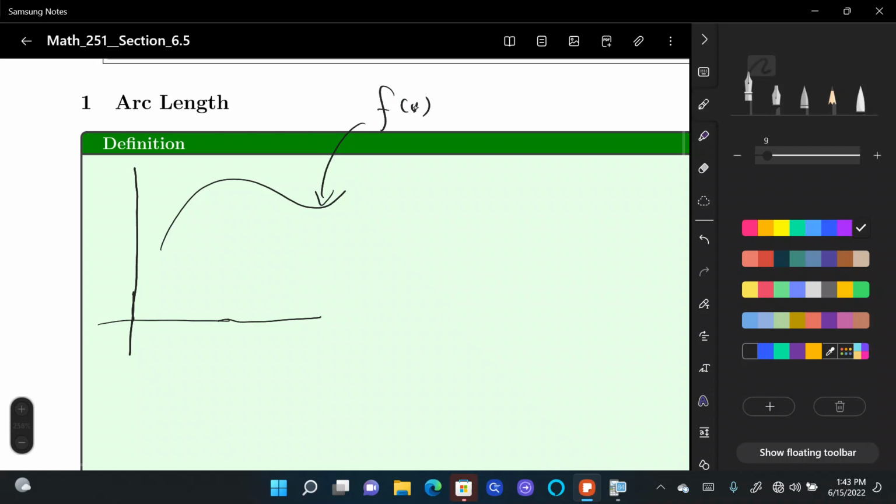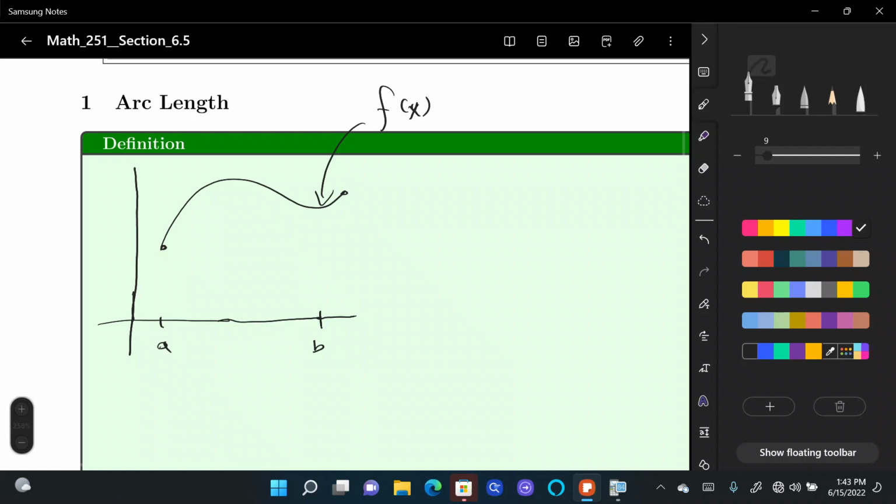The arc length here is the distance, so you can think of a particle traveling from this point A to this point B. In a very similar way to the area under the curve, but in this case we're looking at the arc length. So how are we going to define this arc length?